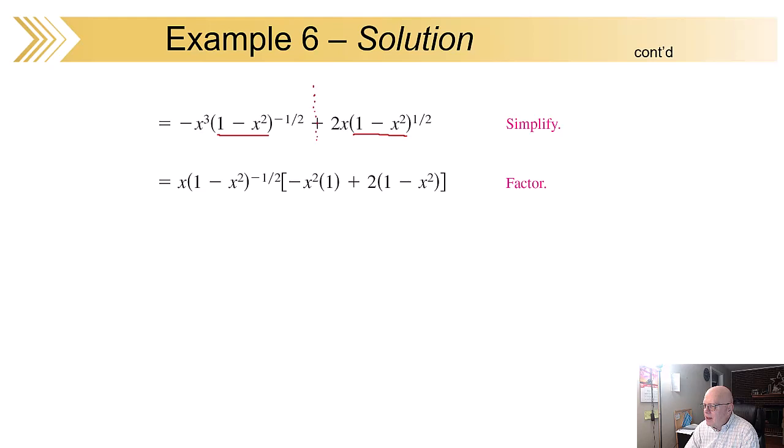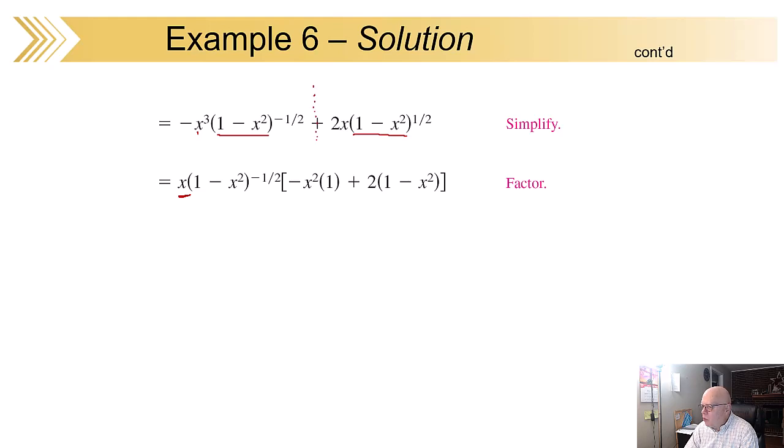Both of these have x's at the front. The least common denominator, or the lowest common divisor, is x. X is the common factor between x cubed and 2x. So there's your x. That's a common factor. You're going to take that out of the whole thing.